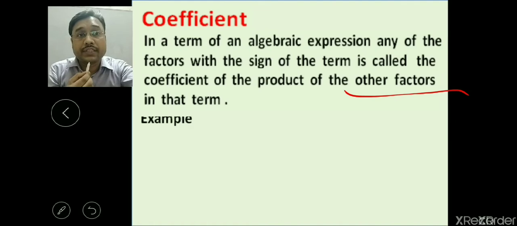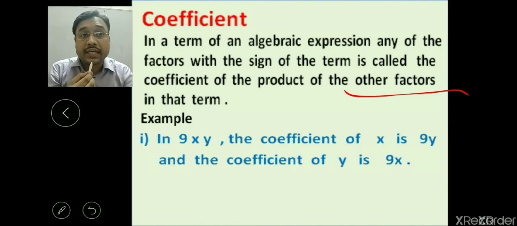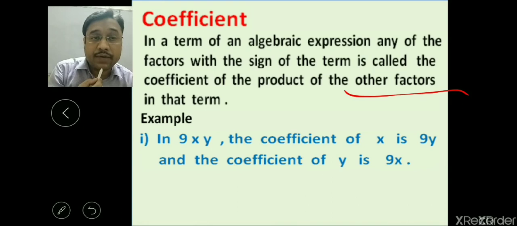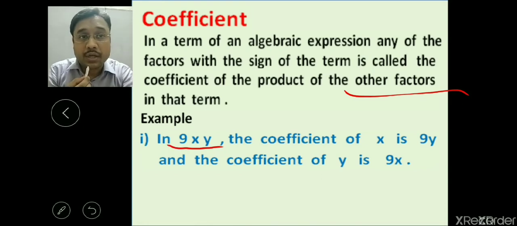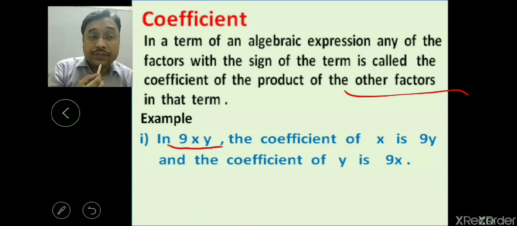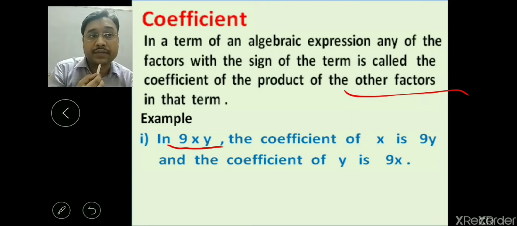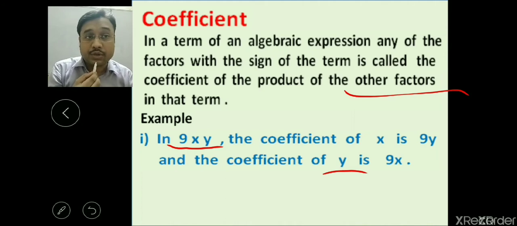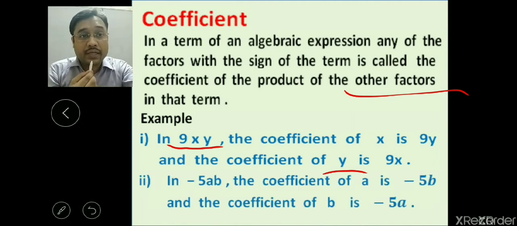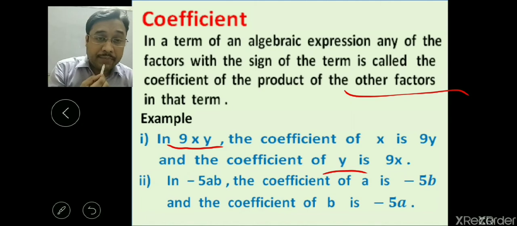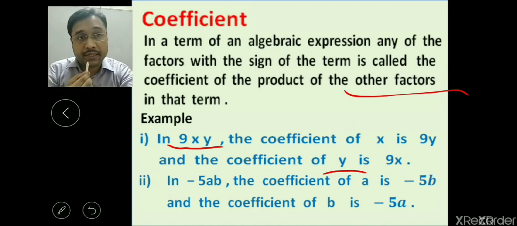That is called coefficient. For example, 9xy is a monomial algebraic expression consisting of one term. The coefficient of x is 9y, the product of the remaining factors 9 and y, and the coefficient of y is the product of the other factors, 9x. Now in the second, the expression is minus 5ab.